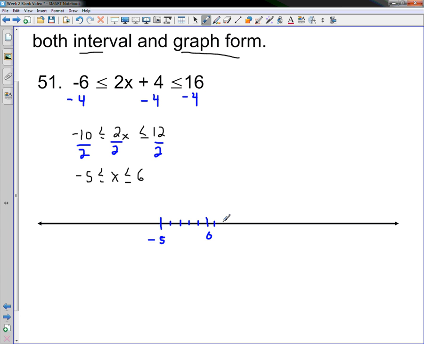And we have 1, 2, 3, 4, 5, 6. Okay. So what this says is, on this first statement here, this is negative 5 is less than or equal to x. If you read it the opposite way, it's x is greater than or equal to negative 5. Well, greater than or equal to negative 5 is from negative 5 to the right.